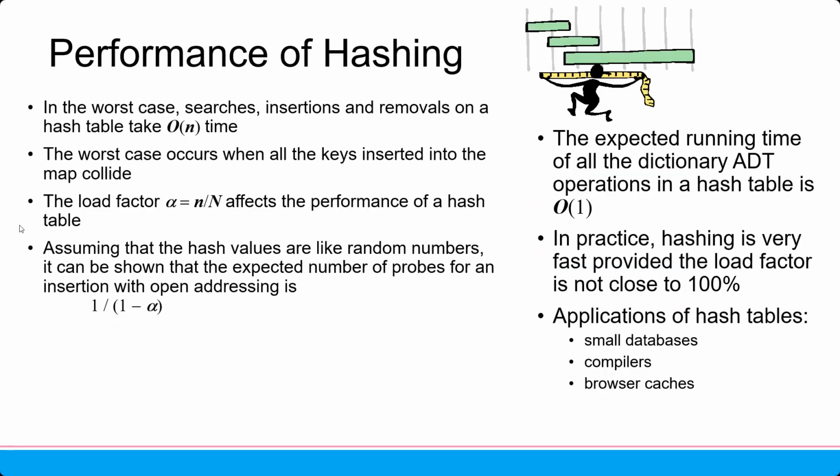In practice, hashing is very fast provided the load factor is not close to 100%, which is 1. How many times you use the second hash function will not reach the end. If you have 13 numbers, you will not reach 13 tries. It will be less than n. That's why the load factor is not close to 100%.